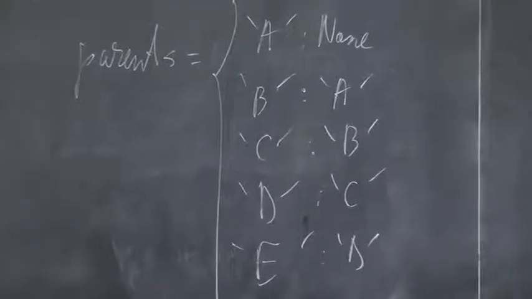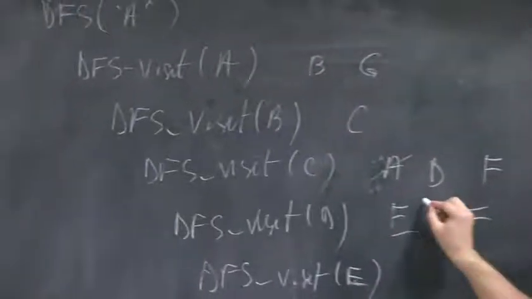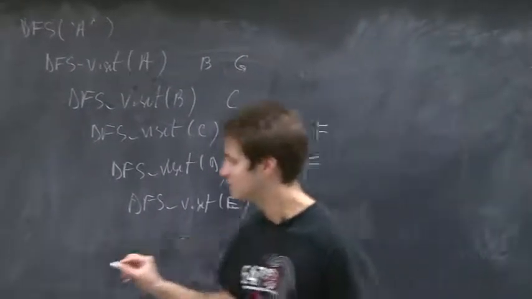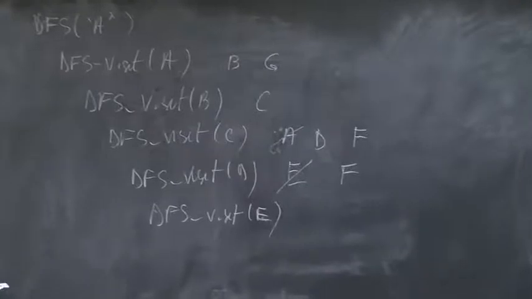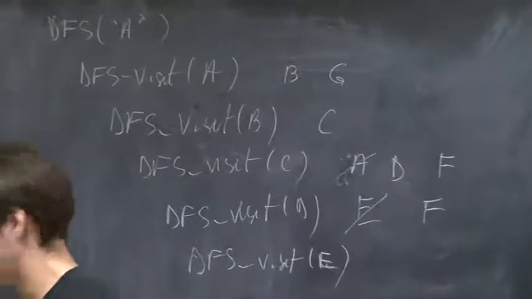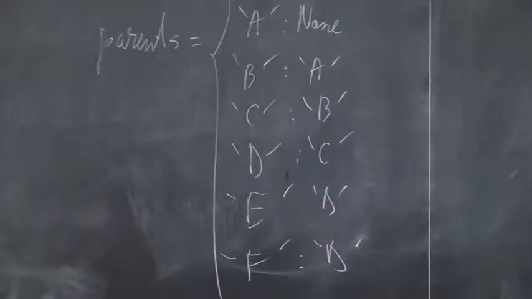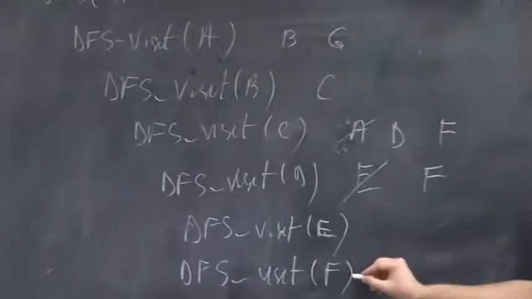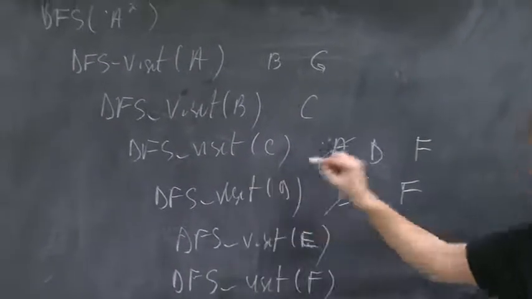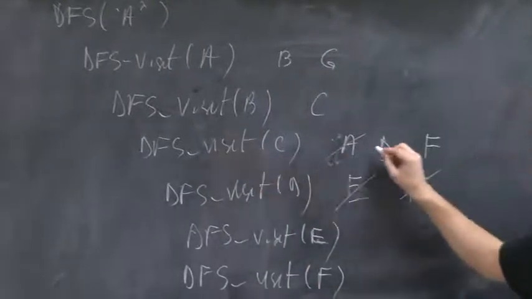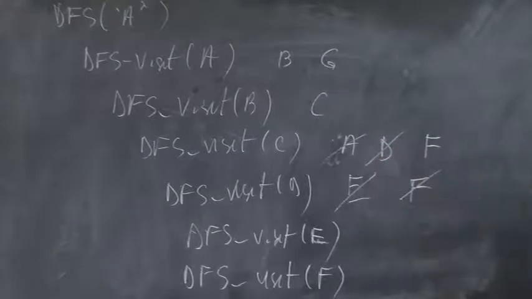So I'm done. I get out of it, right? Is F in parents? F's parent is? F doesn't have any children, right? So I get out of this DFS visit. I'm done with F, so I get out of this visit, and I get back to this one. I'm done with D, and I'm at F. Is F in parents?